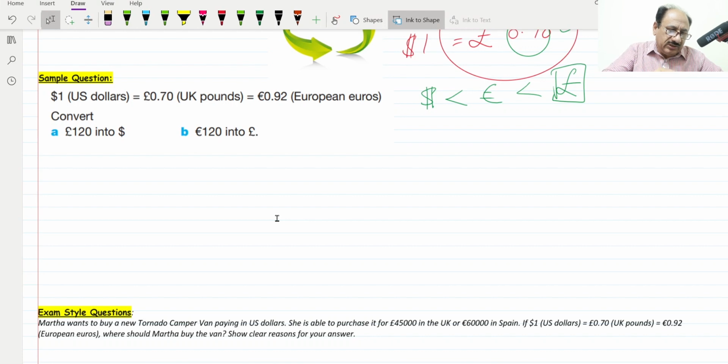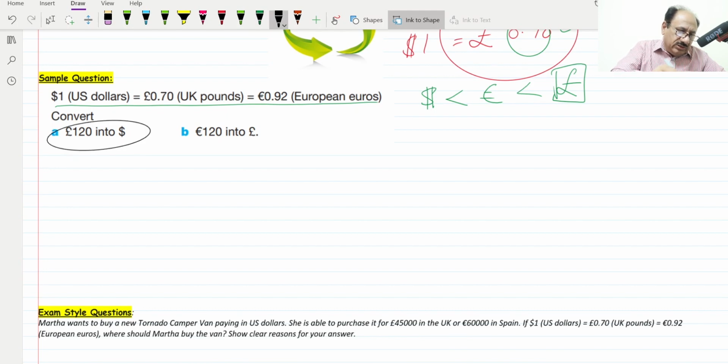US dollar is equal to 0.70 UK pounds, and 0.92 European euros, the same thing which I have taken over here. So now we have to convert 120 pound into euros.